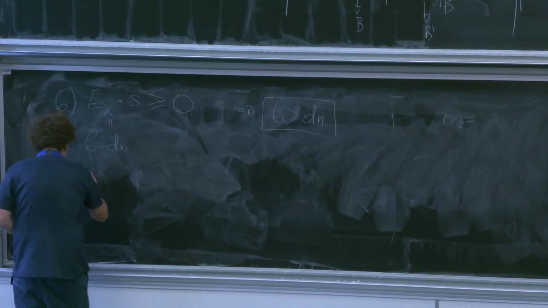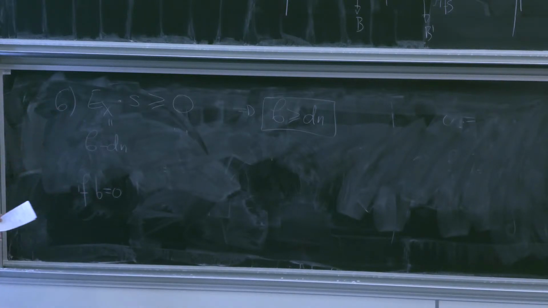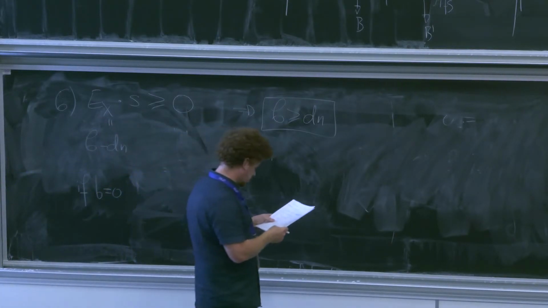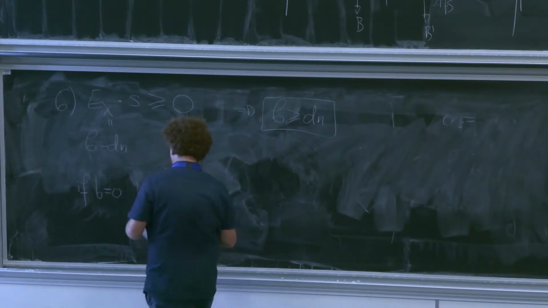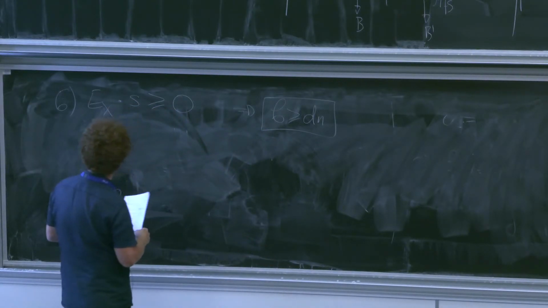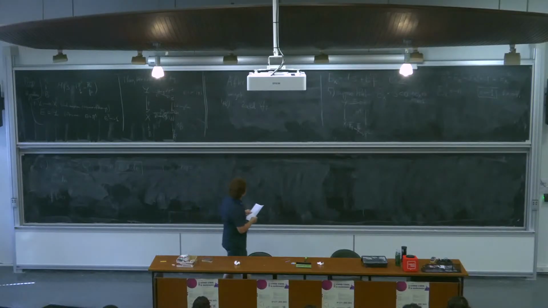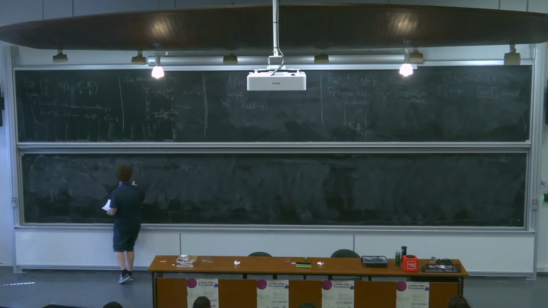Okay, if b equal to 0, that's the case that Stefan mentioned before, you are in P1 times P1. If b equal to 0, remember these are at least one.